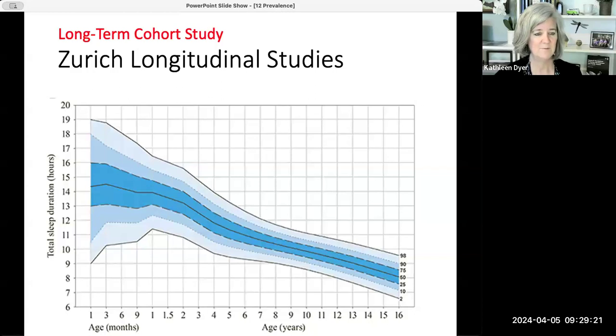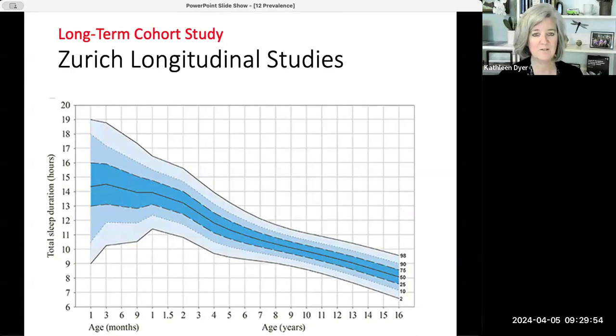That's the average. But the dark blue around that middle line, that reflects one standard deviation, plus and minus one standard deviation. So we know that there's kind of a lot of variability in terms of how much sleep a 1-month-old baby gets. And the middle blue bars on either side of the dark bars, that's 2 standard deviations out.